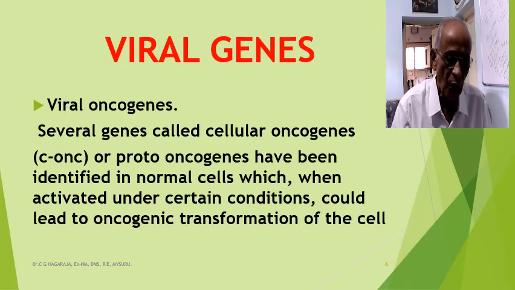That means some of those genes are not expressed, but if a stimulation happens to them, if they are activated, then those genes may become what we call oncogenes, and this will be the work of certain viruses when they attack.